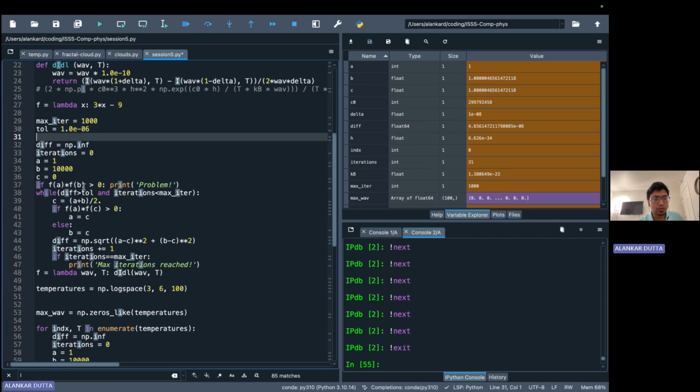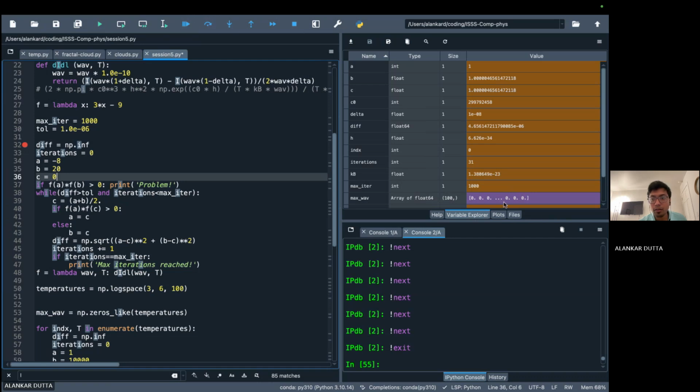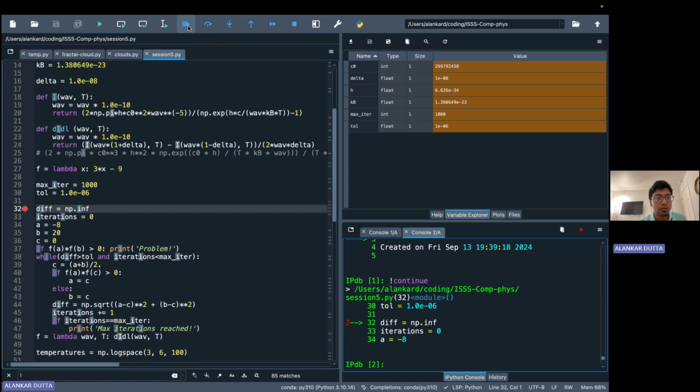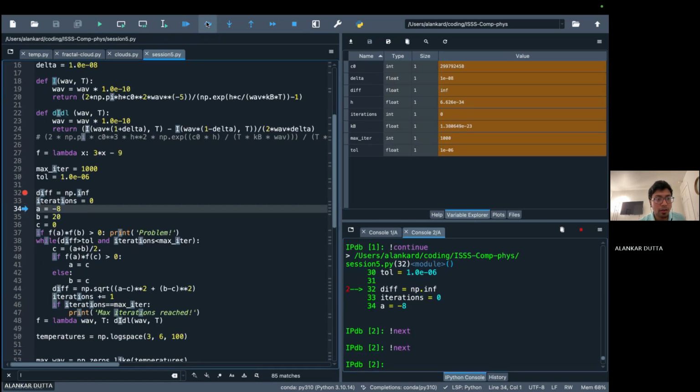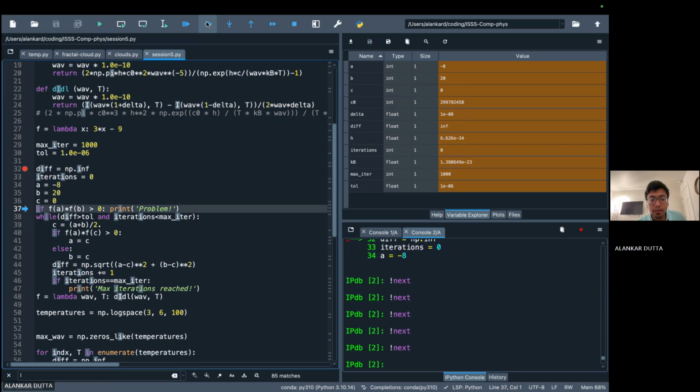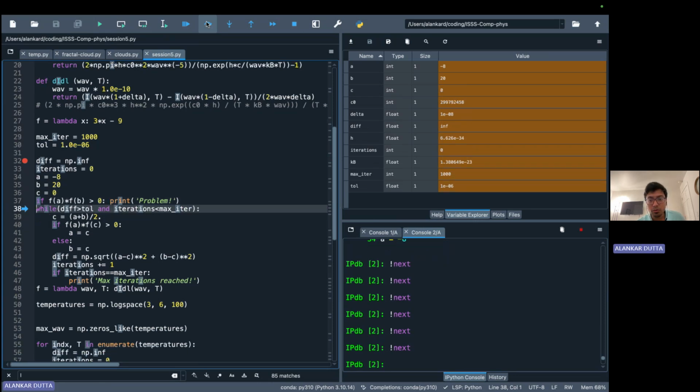So I'll stop the code, start with an A, which is -8, and B, which is 20, and C is 0. And let's see. Move all the variables in the code. So I should get something which is 3. So there is no problem.